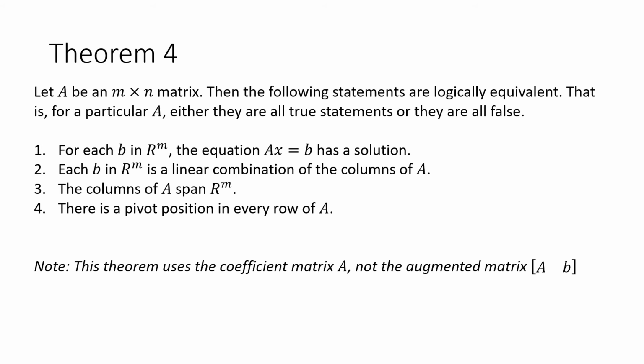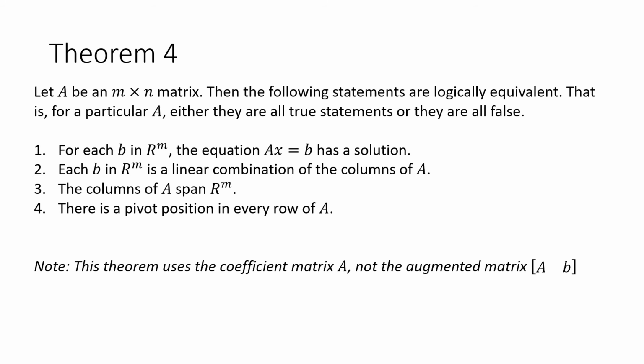That also means that the columns of A span Rm. So remember what span means. Span means everything you can build from a linear combination of the columns. To say that it spans Rm means that you can get every possible entry in Rm, every possible m by 1 vector you can get by combining the columns of A in a certain way.